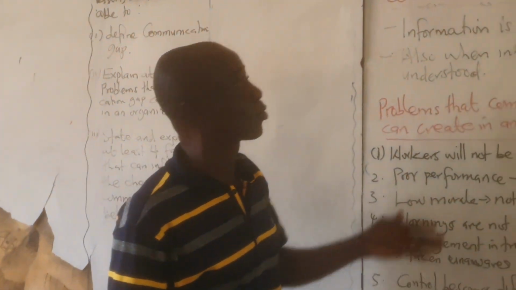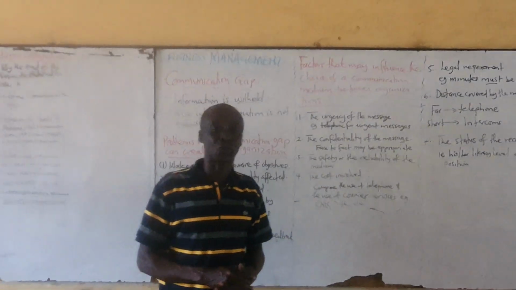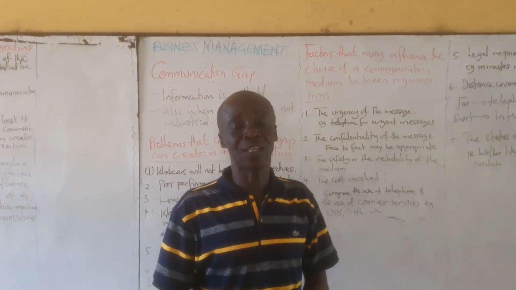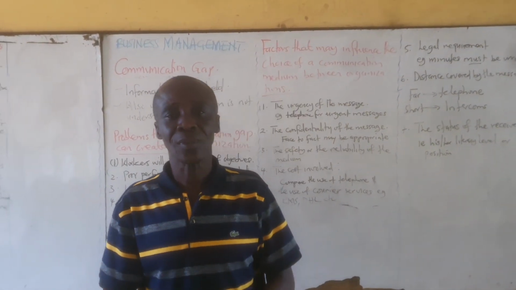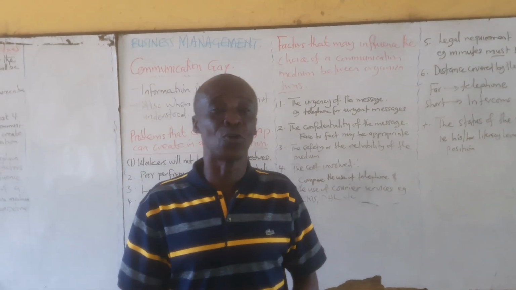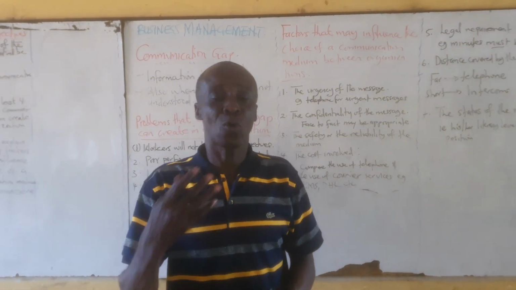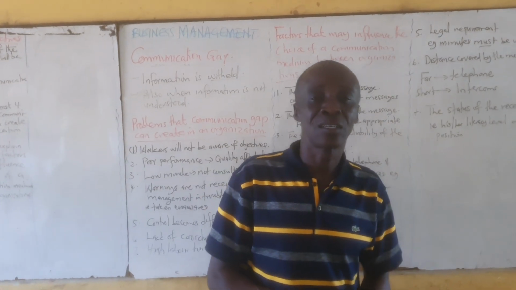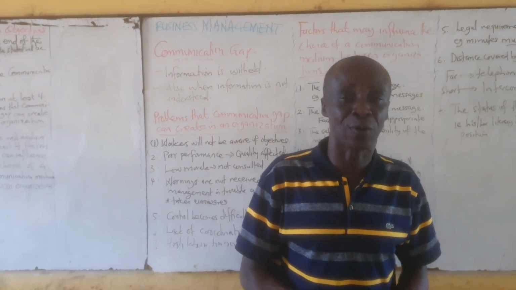Let's start. Communication gap. Now, when you come to school, the school is supposed to give you information. You are, for example, supposed to know when you'll be going on midterms, when you'll be vacating, when you are going to have A, when you are going to have B, and so forth.